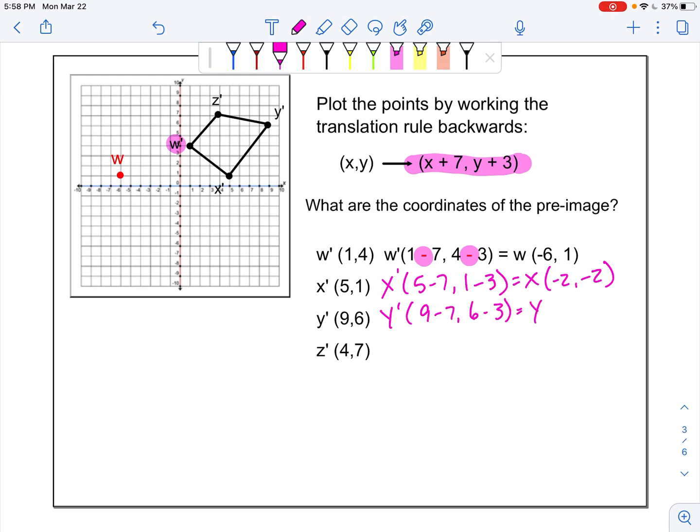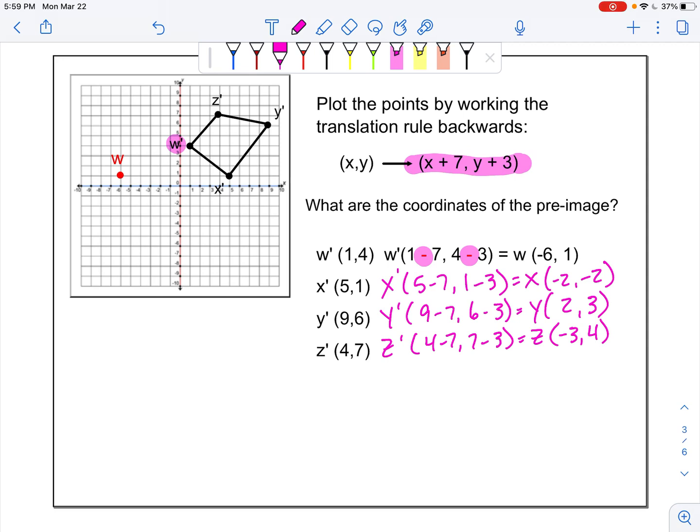So my original y was at 2, 3. And then my z, I'm going to take away 7 and then take away 3. So my original z was at -3, 4.